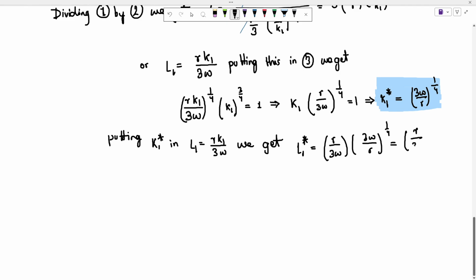This is R by 3 omega to the power minus 1 by 4, right? We reciprocal it. What should we get? So R by 3 omega to the power 3 by 4, right? That is what we get.